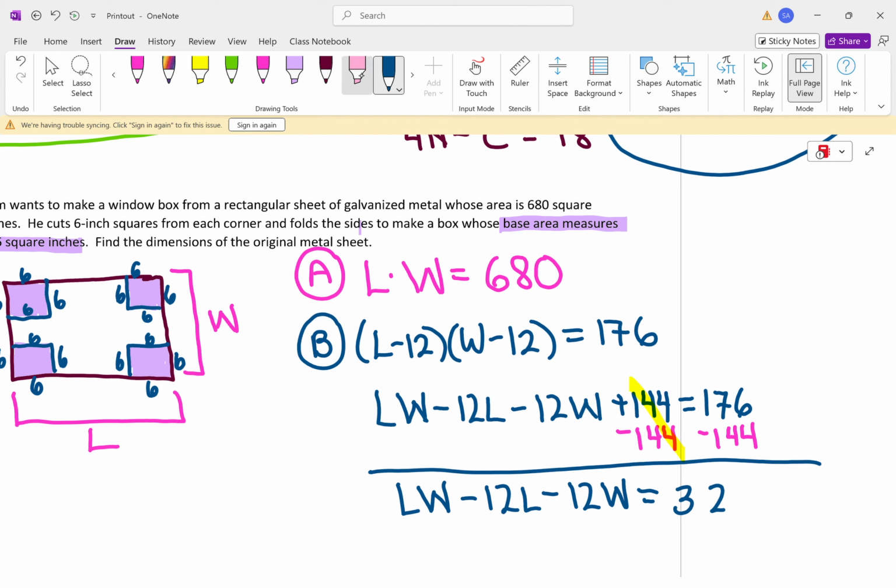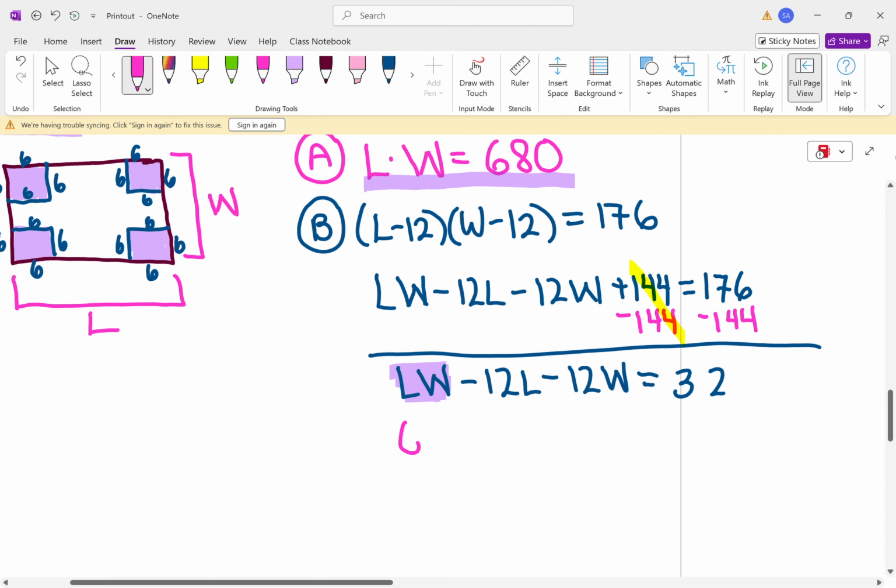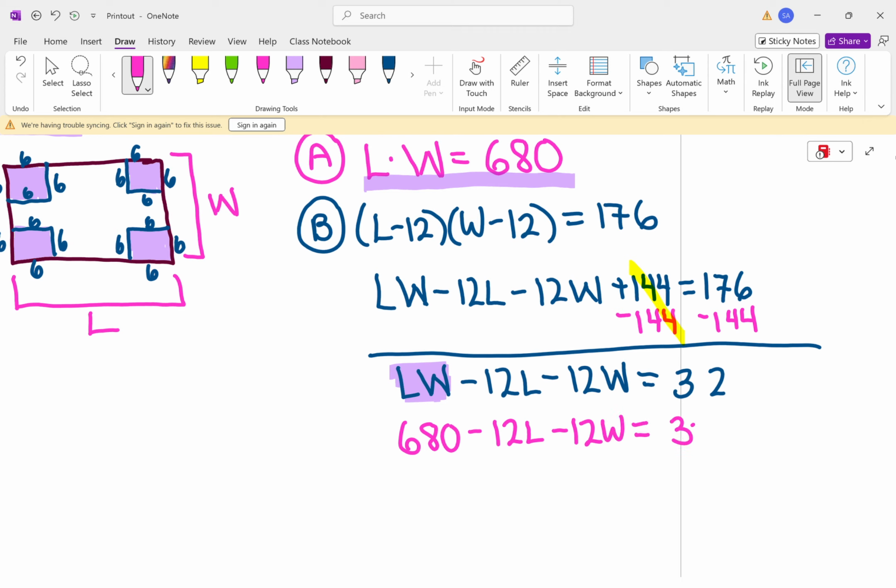Anybody see anything else I can do right now? No? Yeah, go back to this first one. It says LW equals 680. Well, isn't there an LW right here? So I'm going to sub in that 680. So we're going to now have 680 minus 12L minus 12W equals 332.